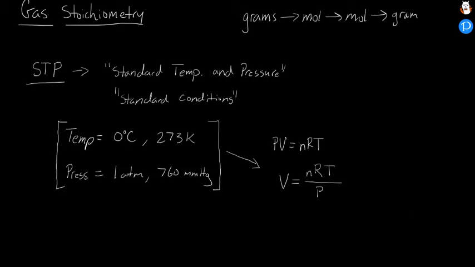Now, if we solve for the volume, again just for 1 mole of gas, so 1 mole for n, R, remember, is 0.08206, our gas constant, and then the temperature at standard conditions is 273 K, over the pressure, again at standard conditions, 1 atmosphere, so over 1. If we crunch the numbers on that, we get a volume of 22.4.